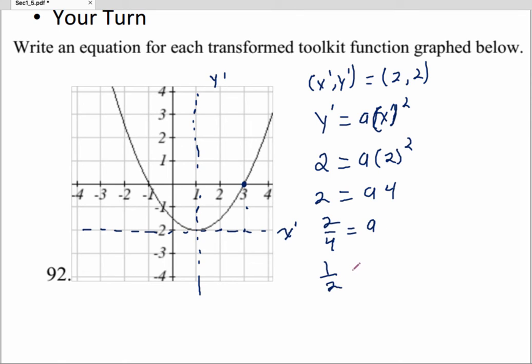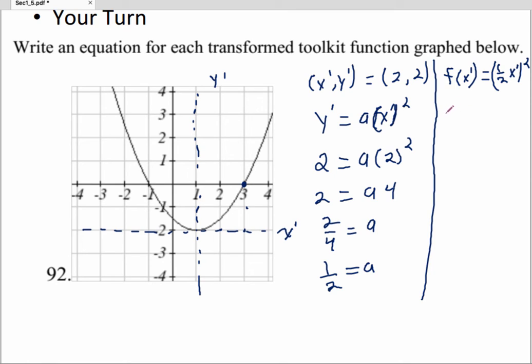My scaling factor is equal to 1/2. All right. Cool beans. Okay, so that tells me in terms of x prime, y prime, that f of x prime is equal to what? Well, it's equal to 1/2 x prime squared, okay? All right, whew.